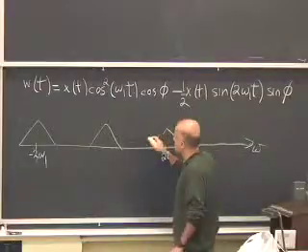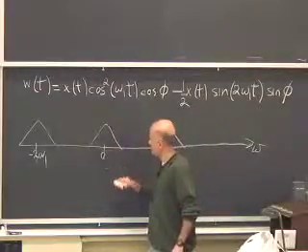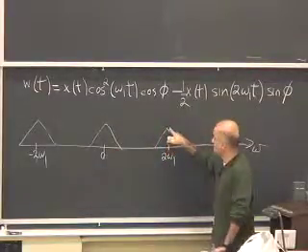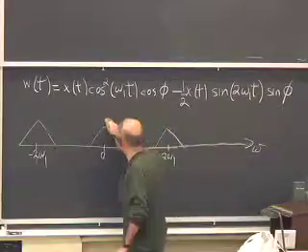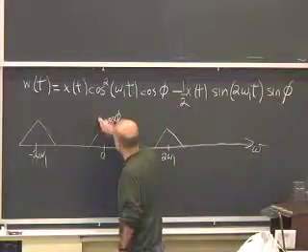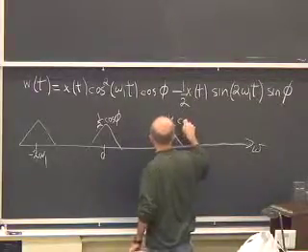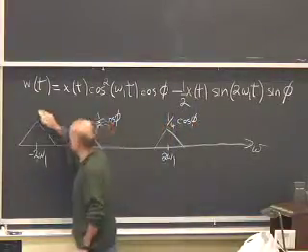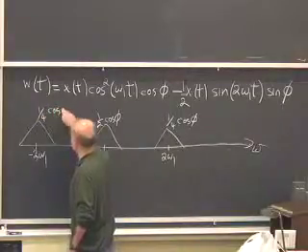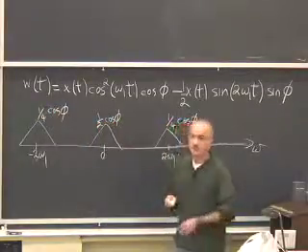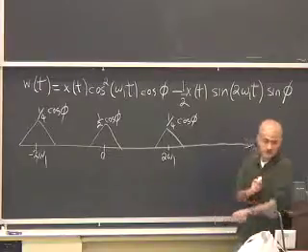Okay? And then what? But now you have these cosine phis there. There's a 1/2 cosine phi. There's a 1/4 cosine phi, and there's a 1/4 cosine phi. Now this is all qualitative drawing.